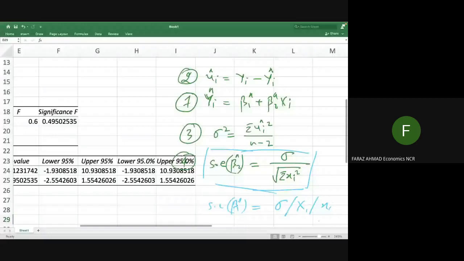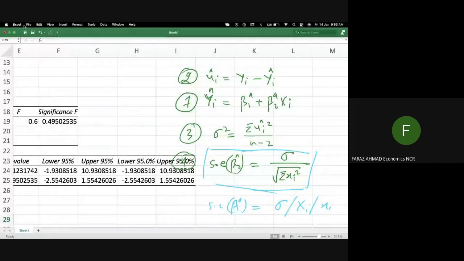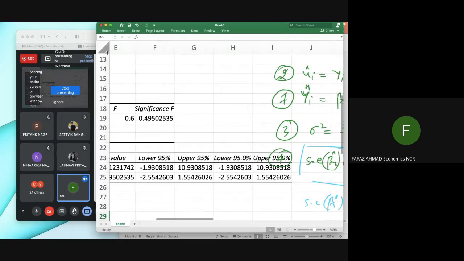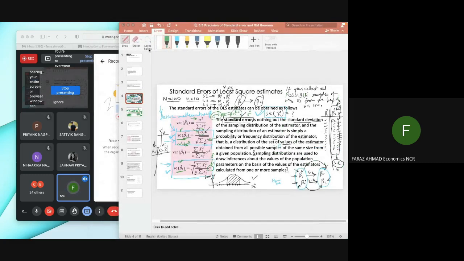It involves sigma, capital Xi, small xi, and n, which is the sample size, right? So you can simply calculate them using the formulas mechanically and you will get this value. So you'll do it today as a homework.